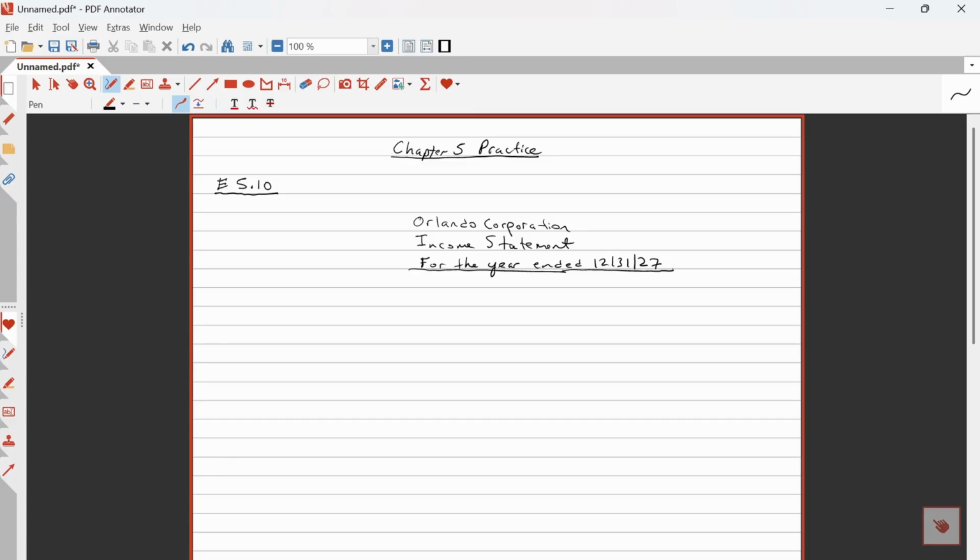So a multi-step income statement, of which this is an example, has a sales section.